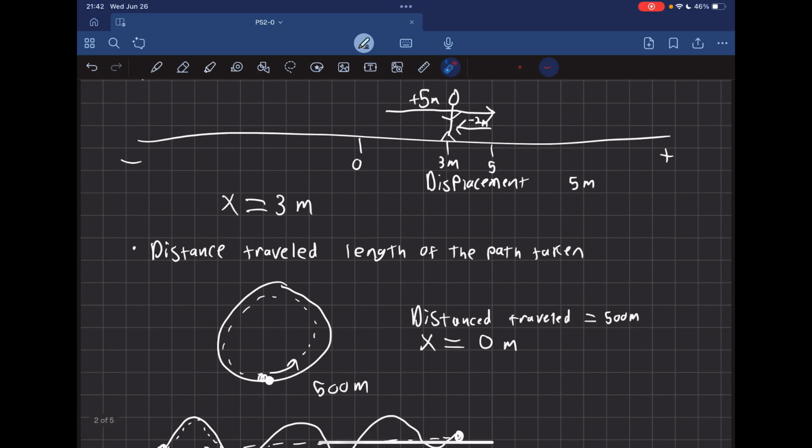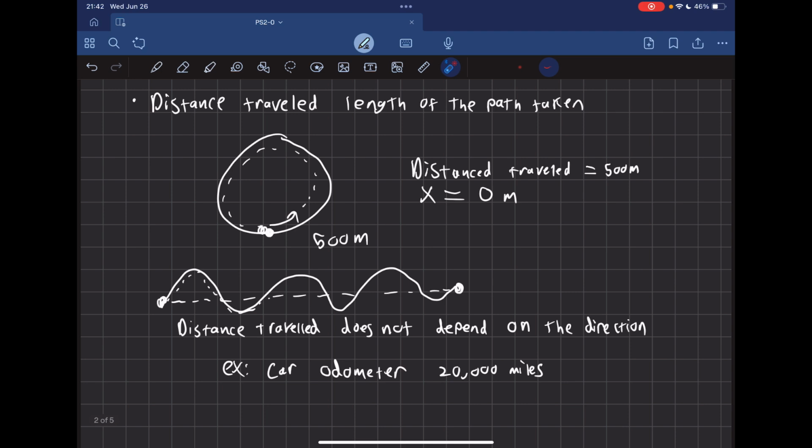Now let's talk about the distance traveled. Distance traveled is a bit different than displacement. They might sound very similar at first. But here's an example that will be a clear case of how they're different. Let's say you're traveling in a circle. Like it's a track, and you're at a track and field competition. You're doing a lap around a track.